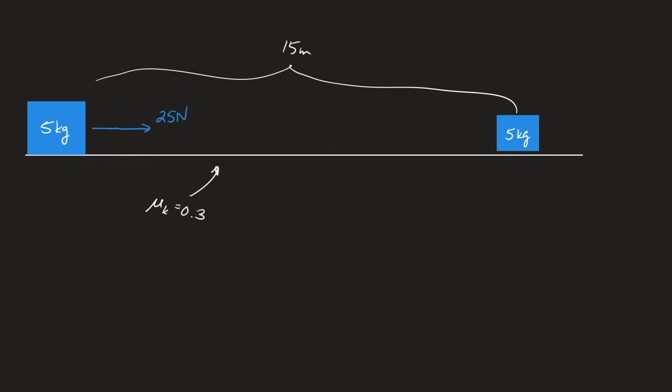You have lots of ways to do this question. You could find that force. You could use that to figure out acceleration. You could use a motion equation. But I'd like you to use the work energy theorem. Here's what I'd specifically like you to figure out. I'd like you to find the work by the 25 Newton force. How much is that? And I'd like you to find the work done by friction. How much is that?